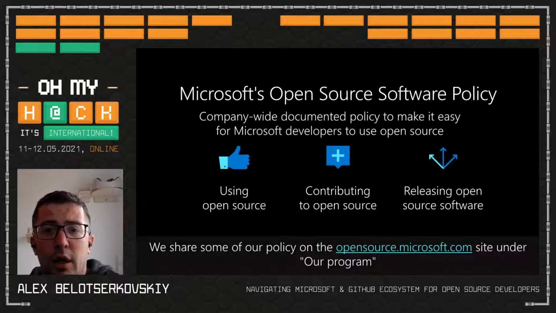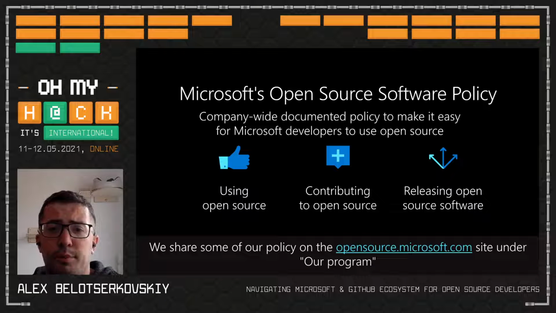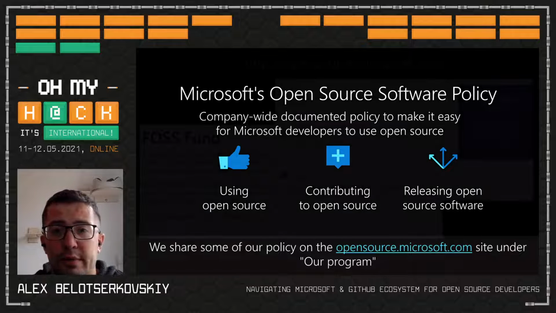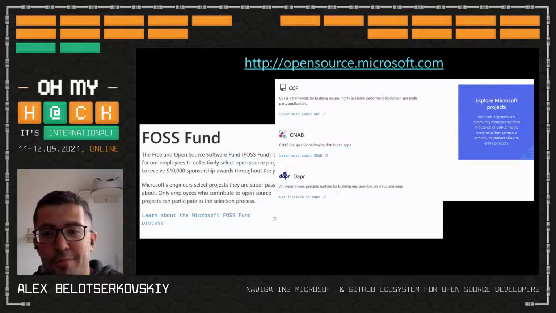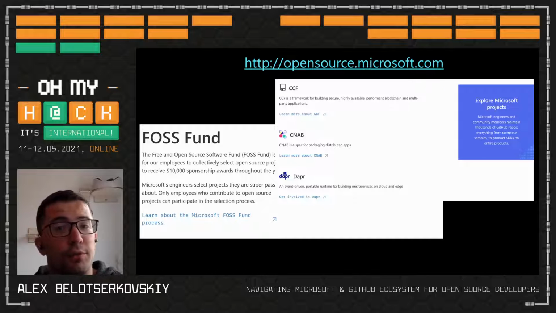Some of our policies and projects, and how we are contributing back, are listed on opensource.microsoft.com. Many do not know about this website, but if you're planning to use open source in your company, go there. It has tons of useful information for you to consider, be it open source or inner source.